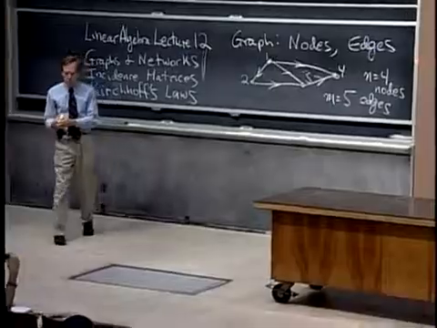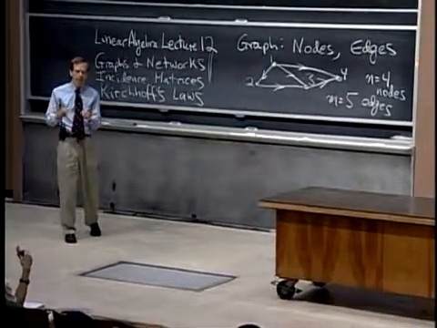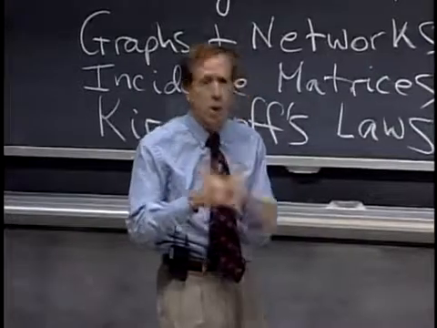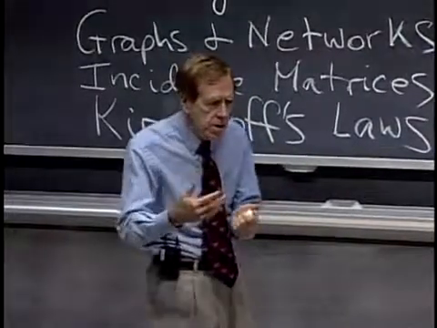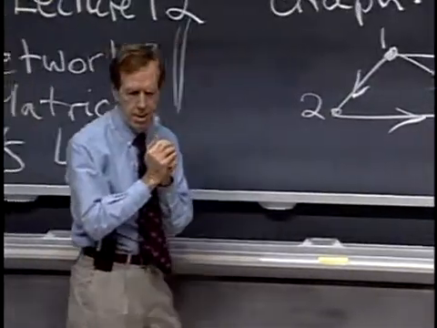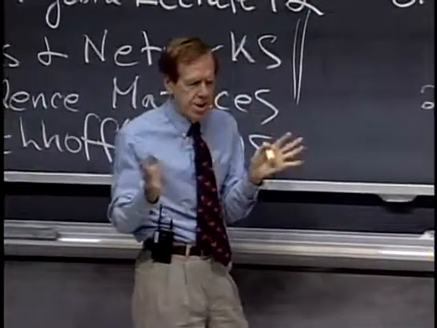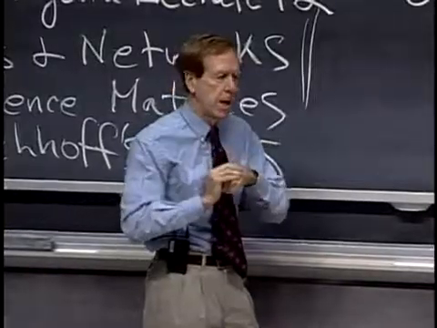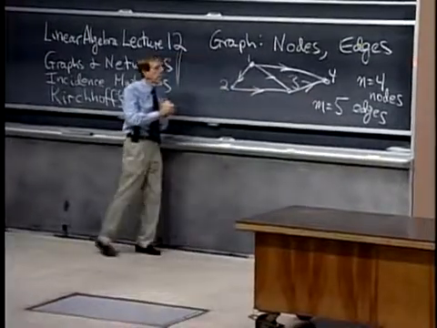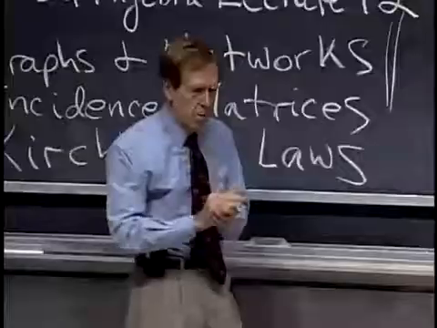Okay, because my example is going to come, the words that I will use will be words like potential, potential difference, currents. In other words, I'm thinking of an electrical network. But that's just one possibility. My applied math class builds on this example. It could be a hydraulic network.